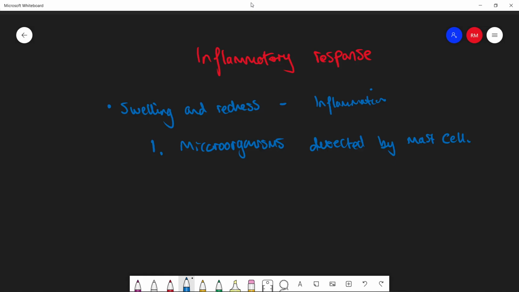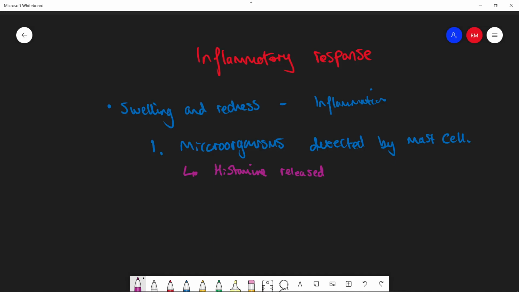And from there, these cells release a substance called histamine. Histamine released. And this histamine has a wide range of effects on the surrounding tissue, but it essentially is used to help combat the infection.